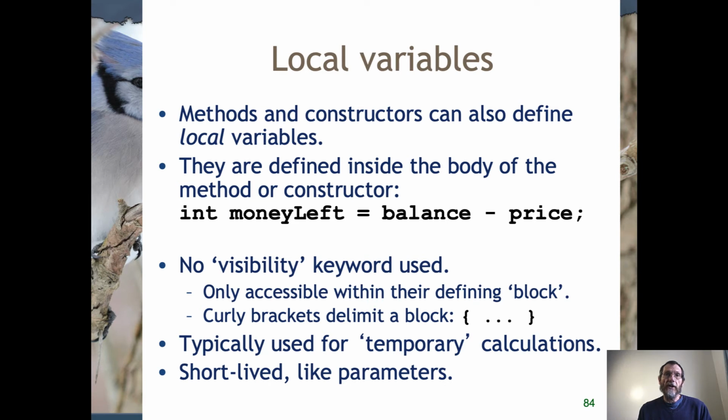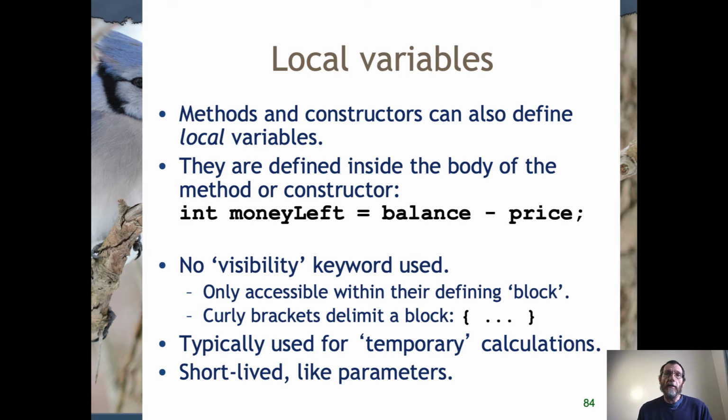And there's an example on the slide of how we might define a local variable, in this case an integer local variable called money left, and we're assigning to that variable the result of subtracting the price of a ticket from the current balance. In other words, we're calculating how much money is left over when one ticket is issued to this customer. For instance, they might then want to print another ticket and so on, but we're calculating the extra money that the customer has inserted before a ticket is printed.